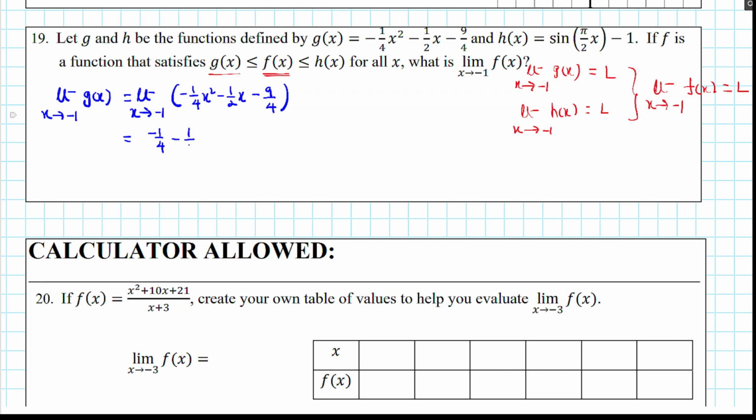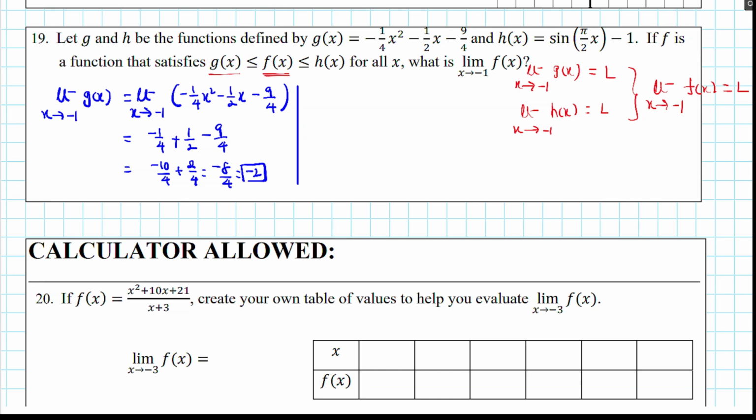And negative 1/2 times negative 1 is positive 1/2, and minus 9/4. So negative 9/4 and negative 1/4 gives negative 10/4, and 1/2 can be written as 2/4. So that is negative 8 over 4, which is negative 2. Therefore the limit as x tends to negative 1 of g of x is negative 2.